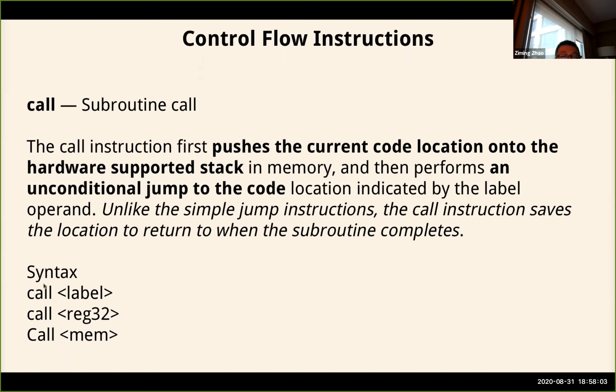If you call a label, this is called a direct call, no matter what architecture you're using. If you call a register, this is called an indirect call. In an indirect call, you don't really know where you are calling to when you are not running the program. When you do a direct call, you know where you are calling to, even if you are not running the program.